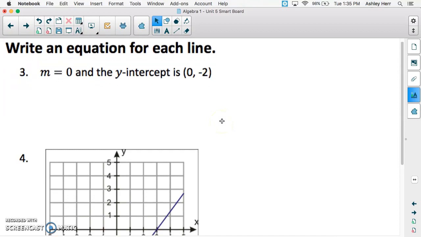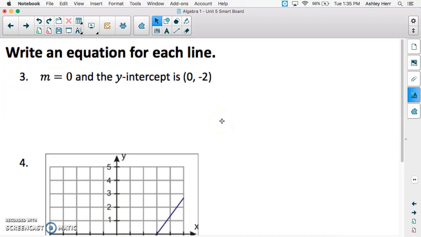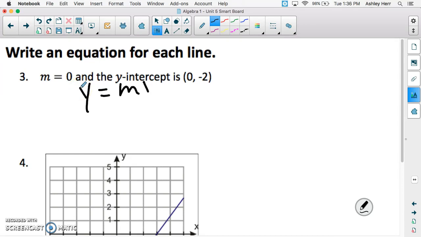Okay, write an equation for each line. This lesson we're talking about slope-intercept form, so I want you to write your equation in slope-intercept form. Here I give you the slope and also give you the y-intercept. So remember, what's slope-intercept form? What's the equation? Good, it's y equals mx plus b.